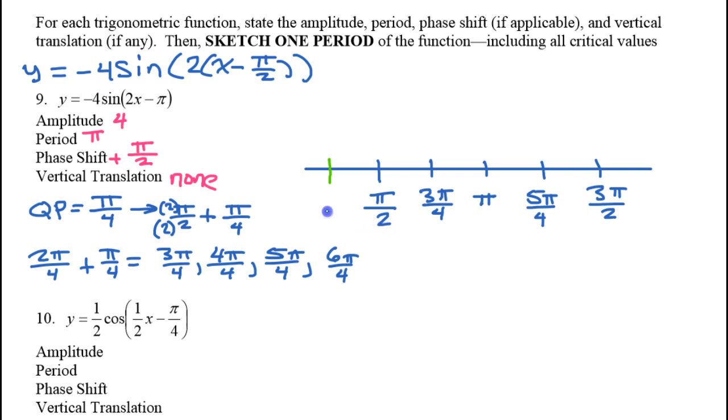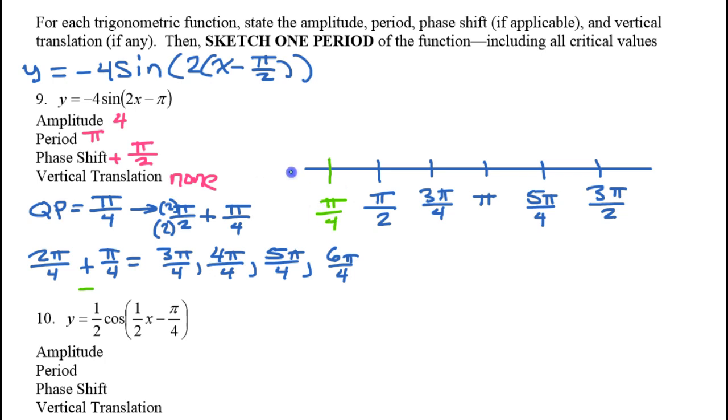Because I'm going to the left, instead of adding pi over 4, this time I'm going to subtract pi over 4. So if I do 2 pi over 4 minus pi over 4, that's going to be pi over 4. So if I go 1 mark over, that's going to be pi over 4.